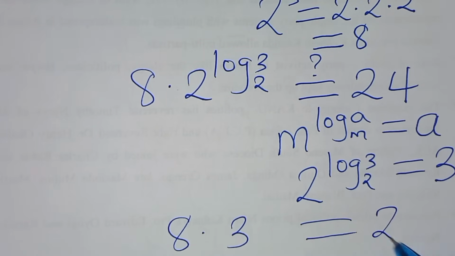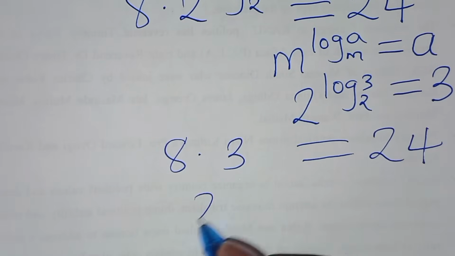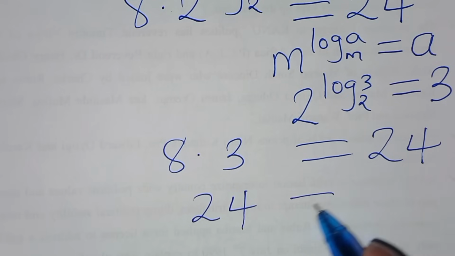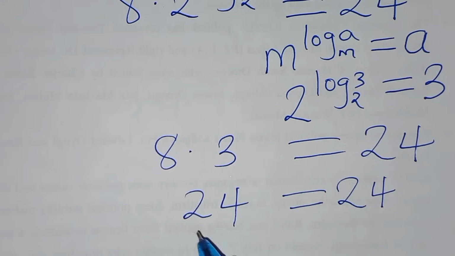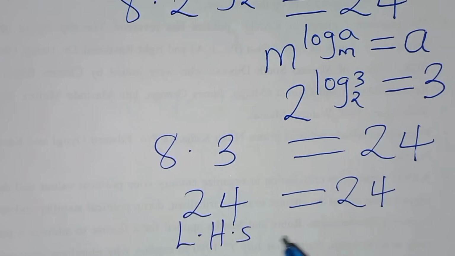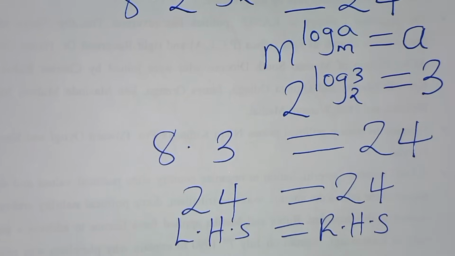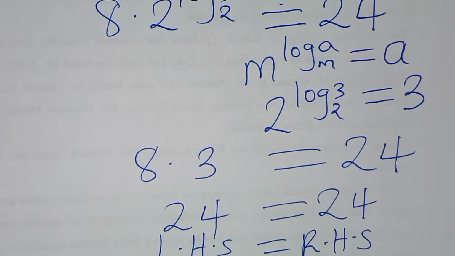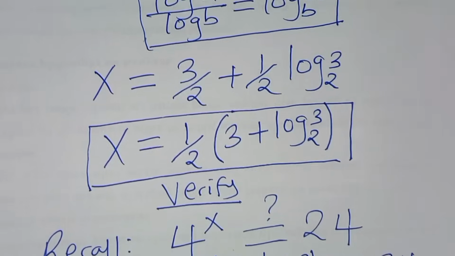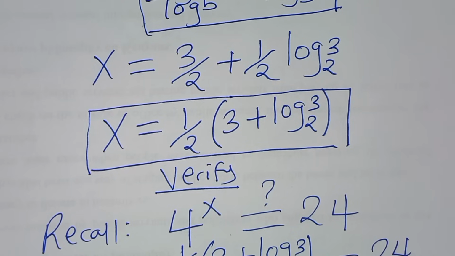This should give us a value of 24. So 8 times 3 is equal to 24, which is equal to 24. And that implies that the left hand side is equal to the right hand side. And therefore, the value of x, which is equal to a half into the parentheses 3 plus log 3 to base 2, actually satisfies the equation.